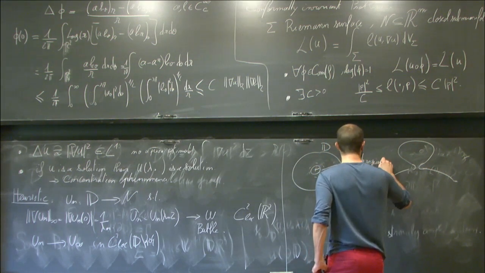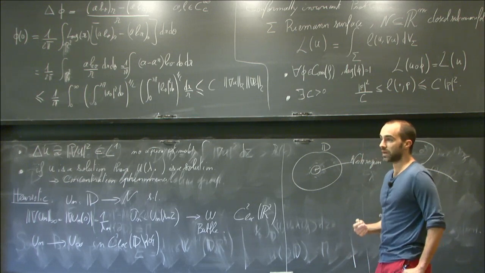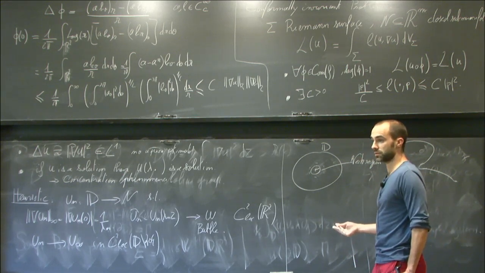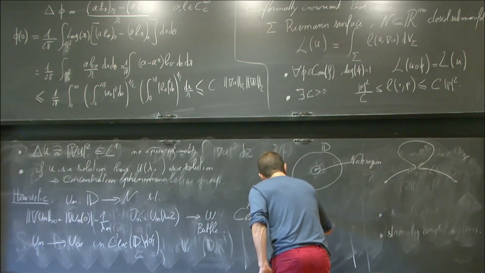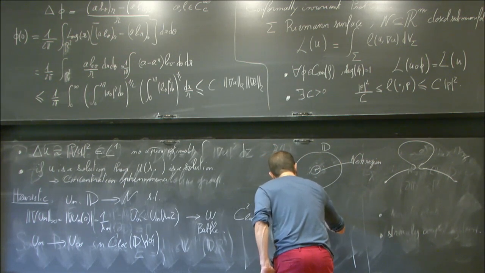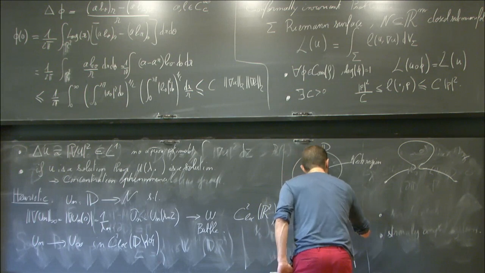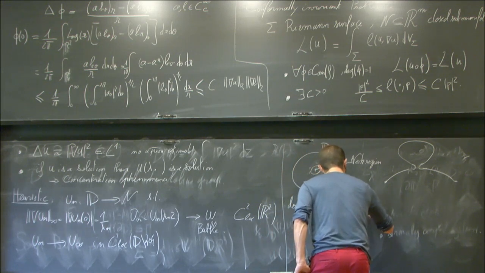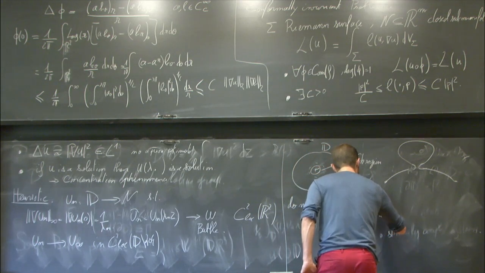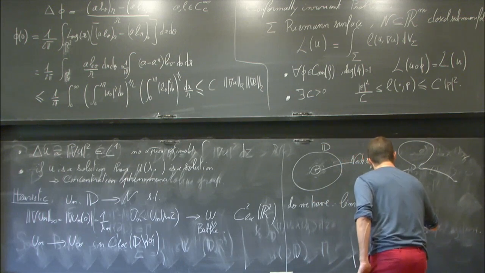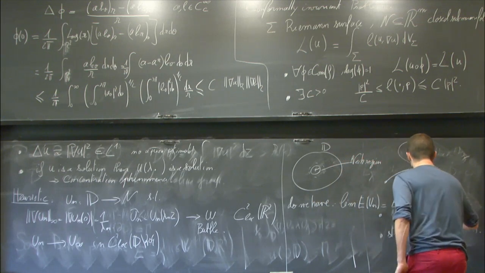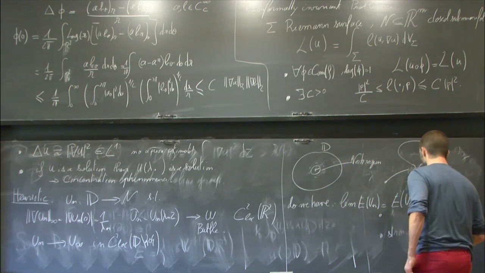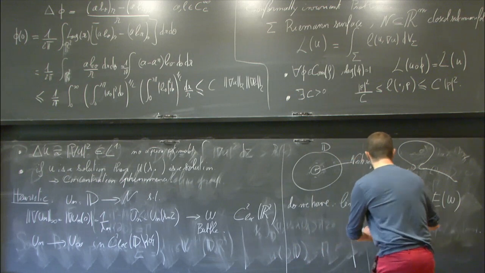And the most natural question you can ask is, do we lose energy in the neck region? So, for instance, do we have the limit of the energy of u_n equal to the energy of the limit map plus the energy of the sphere, of the bubble?